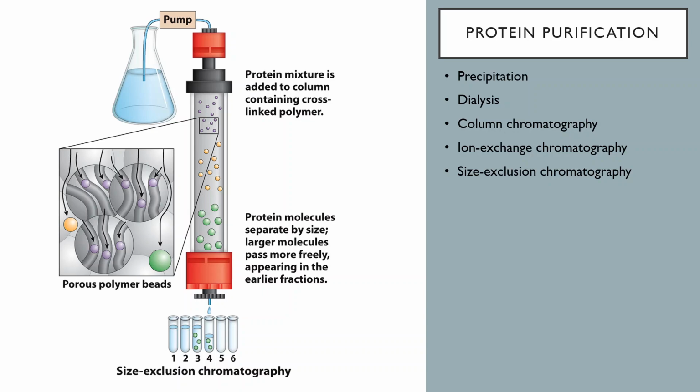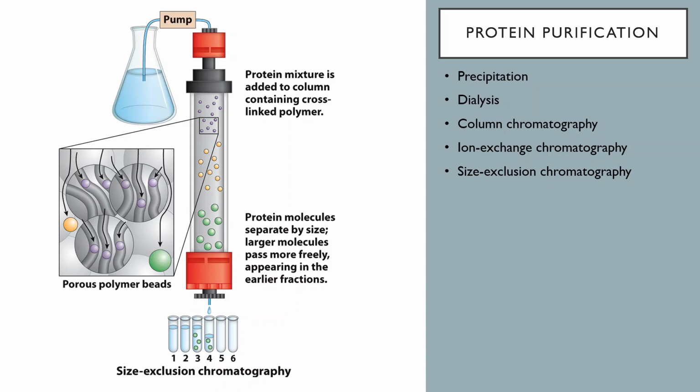They have little tiny holes, and the holes are small enough that small proteins or molecules below a certain size will get stuck and will have to take a longer path essentially to get from the top of the column to the bottom. Whereas bigger molecules don't get stuck in those little holes. Because they don't fit, they just go around the beads, and they end up coming out faster. So this is one way you can separate by size.